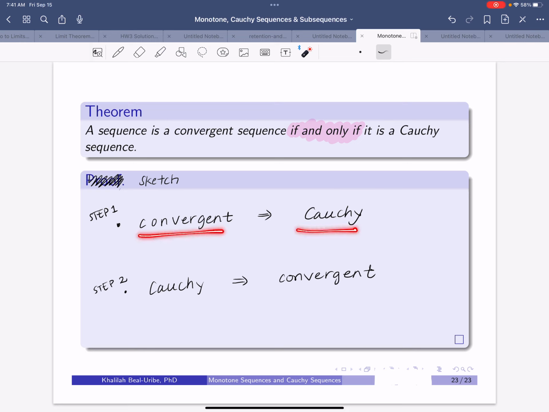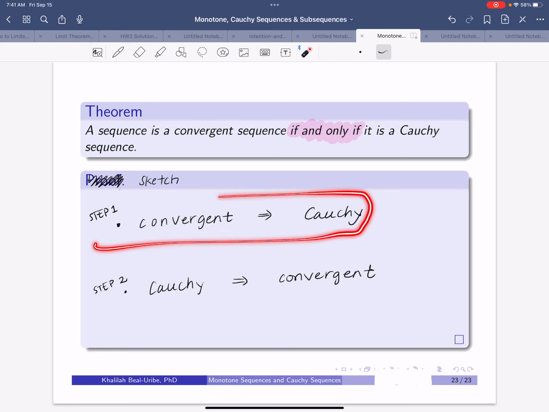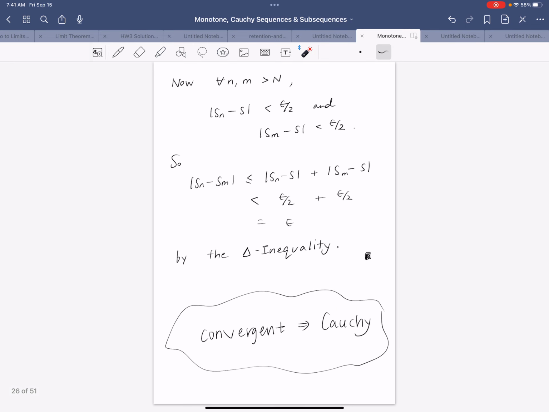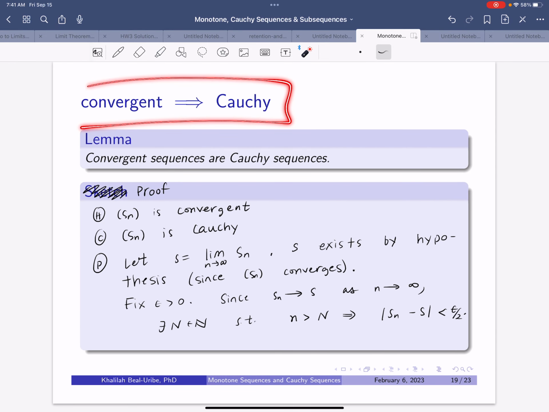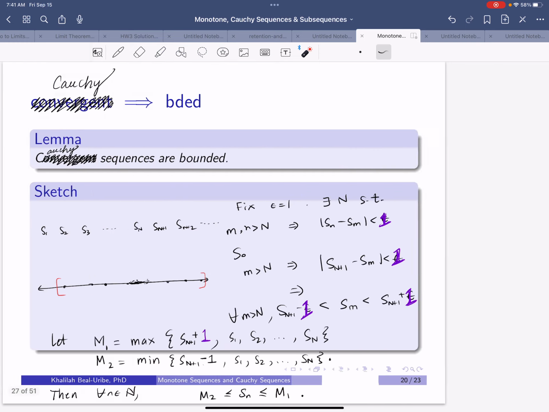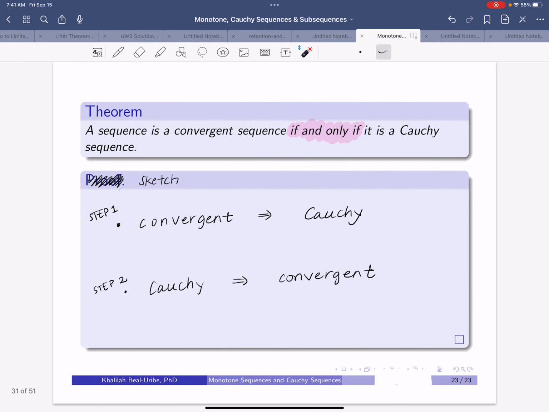Convergent implies Cauchy, and then Cauchy implies convergent, okay? Well, we kind of already proved step one, right? Didn't we prove that convergent implies Cauchy? Yeah, that was our lemma here.